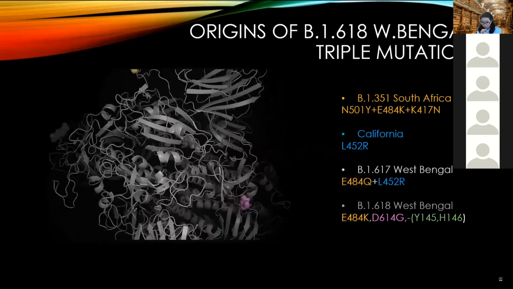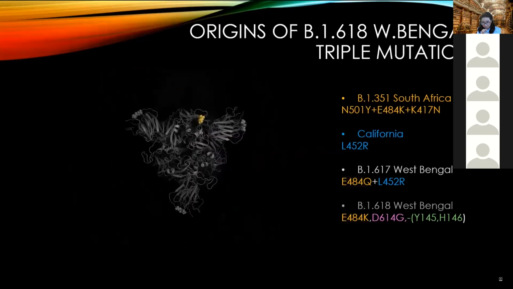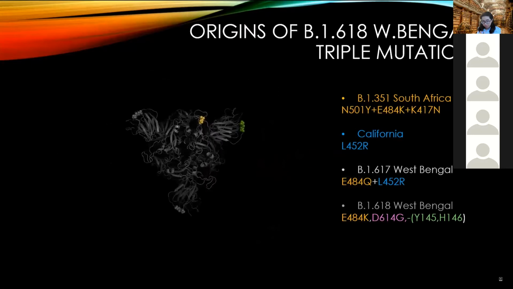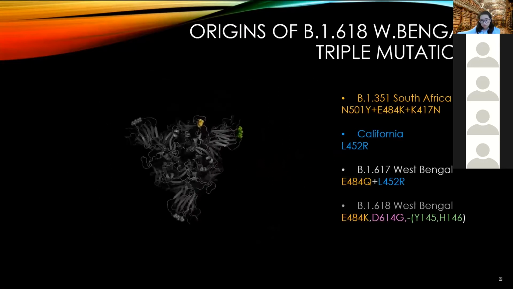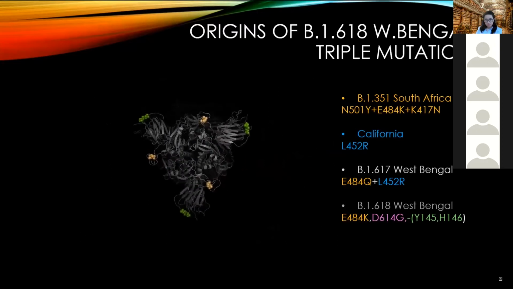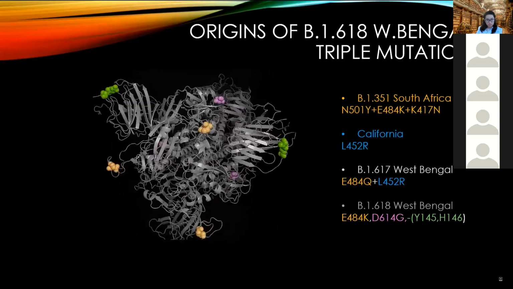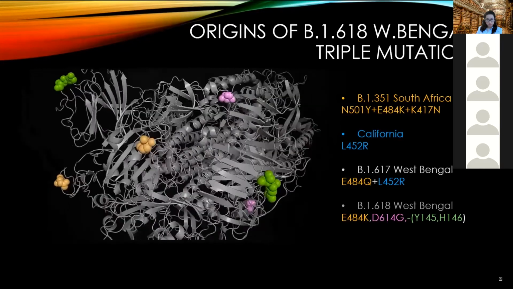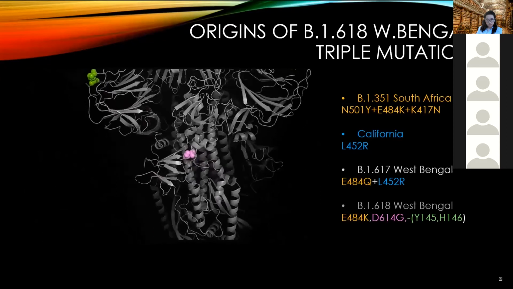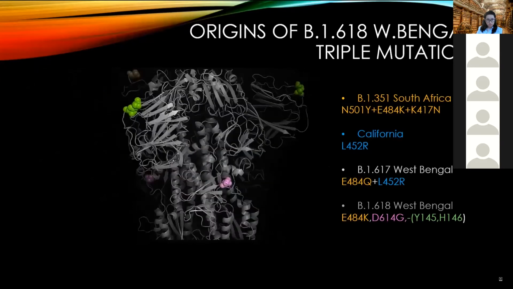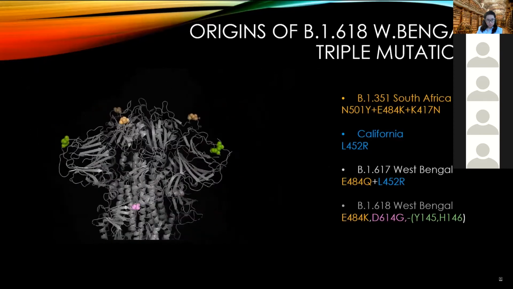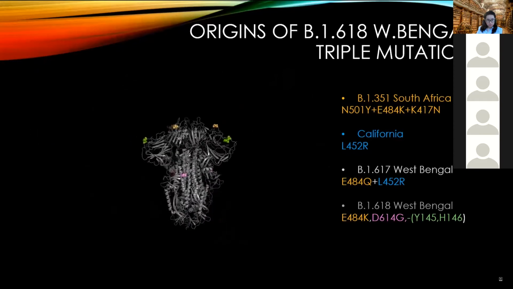If the two combine at E484Q plus L452R, it becomes the B.1.617. And if the combination of E484K plus D614G in pink and deletion at the two green locations, it will become the triple mutation West Bengal variant. So you can see that the structure is very beautiful and the beauty is extraordinary.